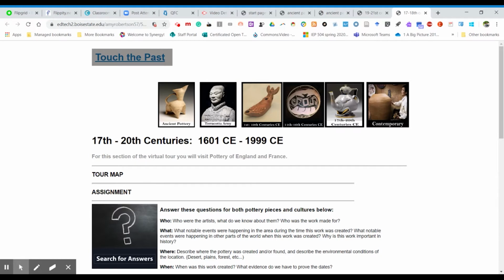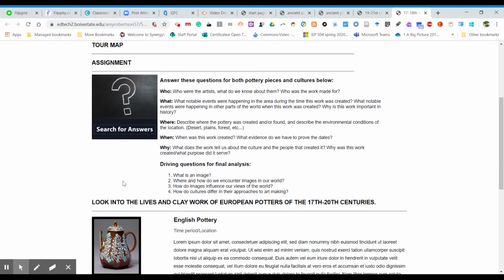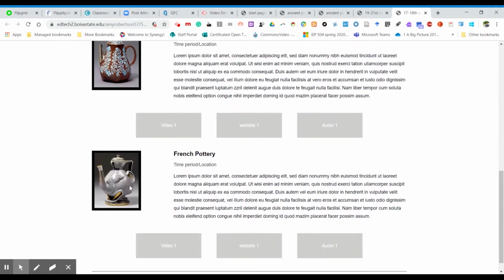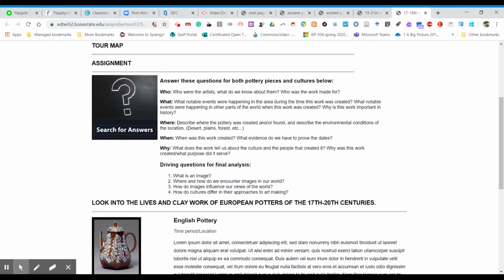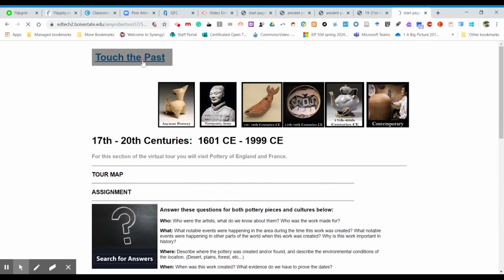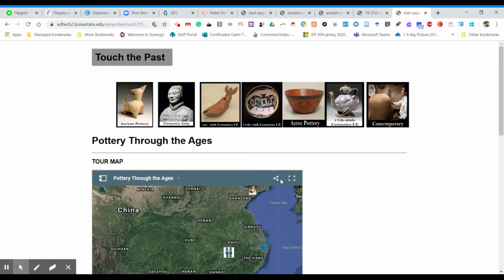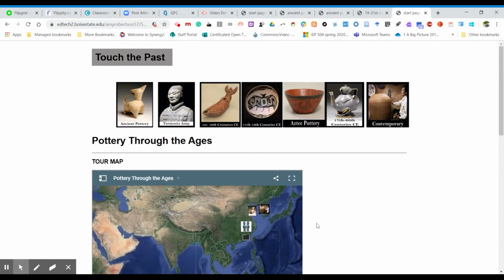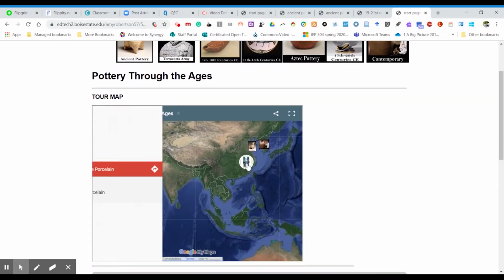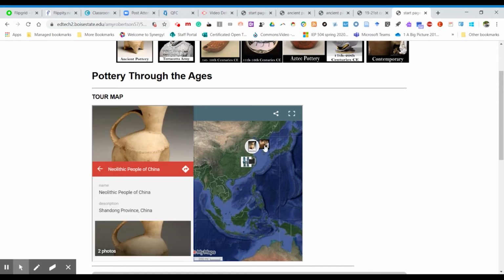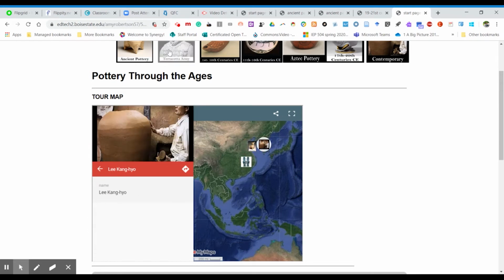There's even a driving question for each one and similar questions for each activity along the way. It's really geared towards students working collaboratively, and one group doing one time period, another group doing another time period, and then at the very end, the whole idea is they would share their learning with other people. So that's basically what project-based learning is all about: creating, making, and then sharing with others.